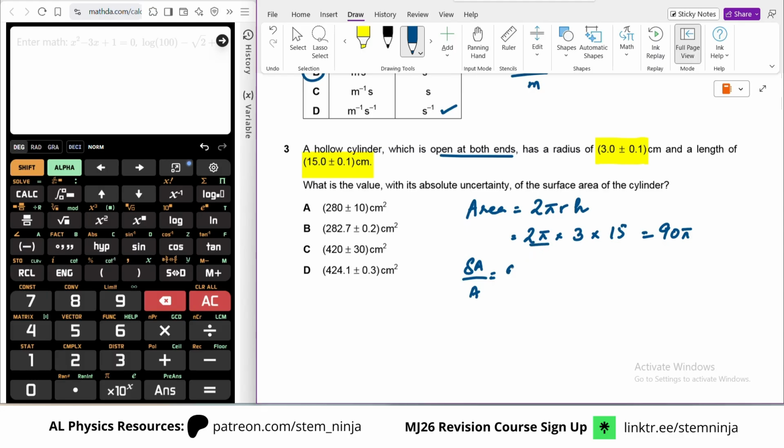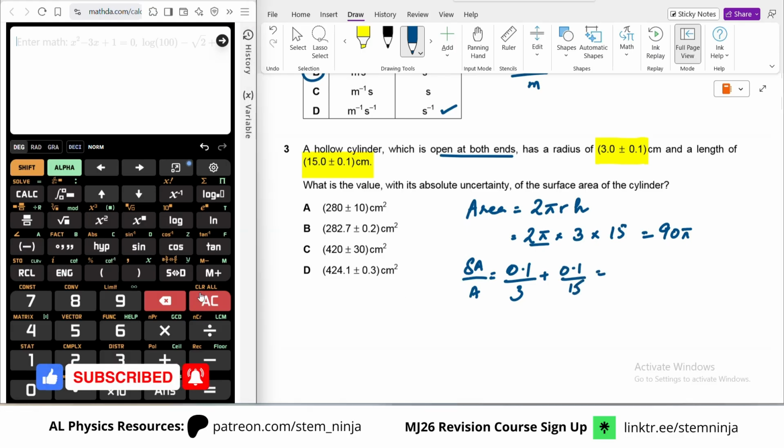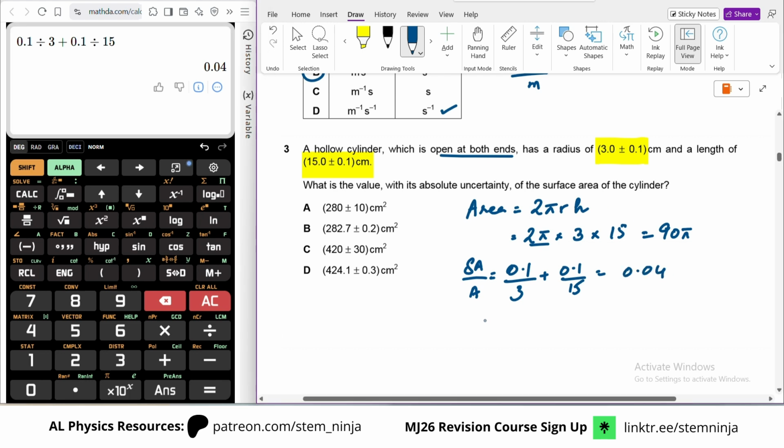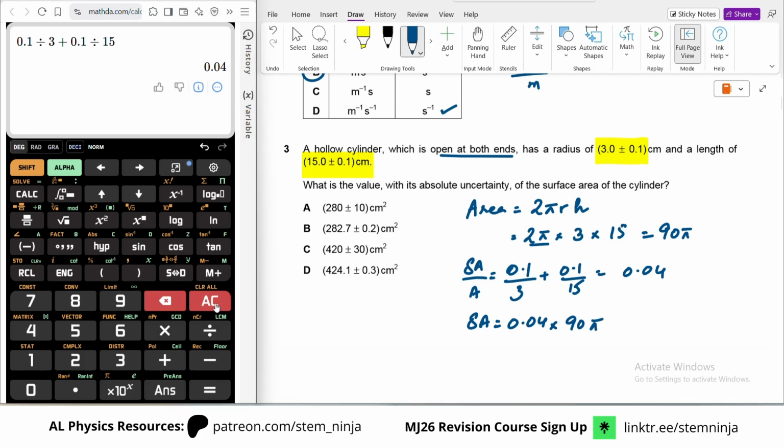So 2 pi is a constant, so we don't need that. So 0.1 over 3 plus 0.1 over 15, that is 0.04. So absolute uncertainty is 4% of the value of area, which is 90 pi. So 0.04 times by 90 is 3.6 pi.